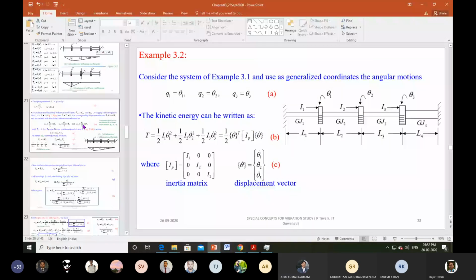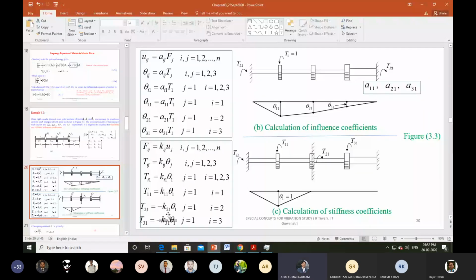Sir, this T21 I got means the second disk is rotating in the opposite direction, but T31 equals minus K31. Thus the direction of T11 and T32 is the same, sir. Actually the last one is anyway 0, so the sign has no meaning. Don't take care of the sign of that.